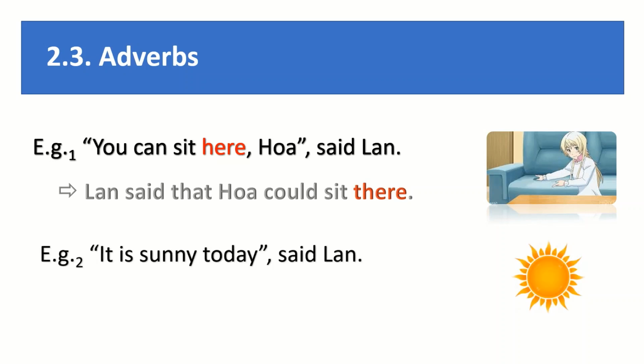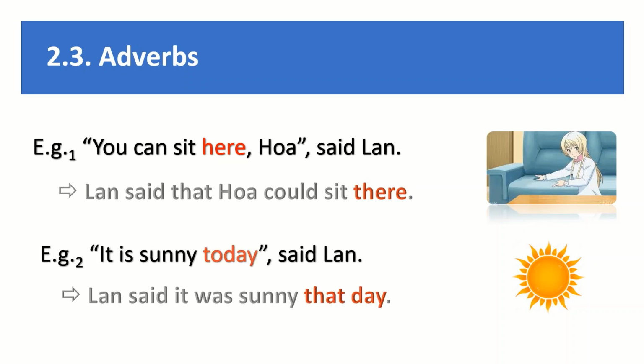So number 2 is, it is sunny today, said Lan. Now, today, so we will write Lan said it was sunny that day. So today is that day in indirect reported speech.